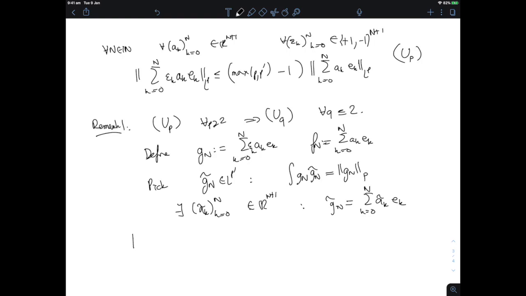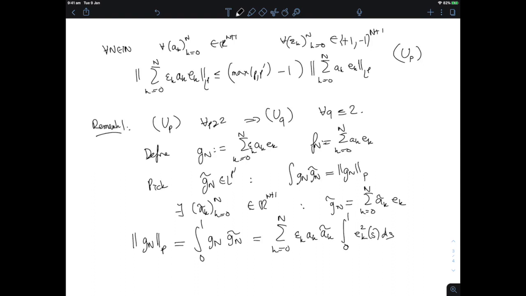Okay, so when I try to compute the norm of Gn in LP, I have to compute the integral of Gn times Gn tilde. And what is this integral? It is the sum, k equals 0 to n, of epsilon k, ak times ak tilde, times the integral on 0, 1 of ek squared of s ds, right?